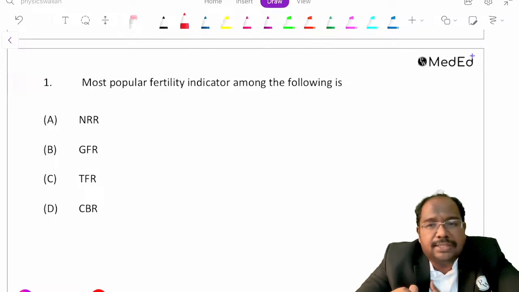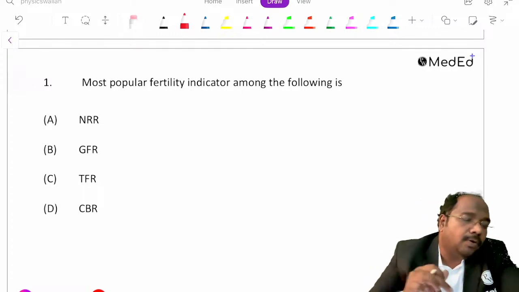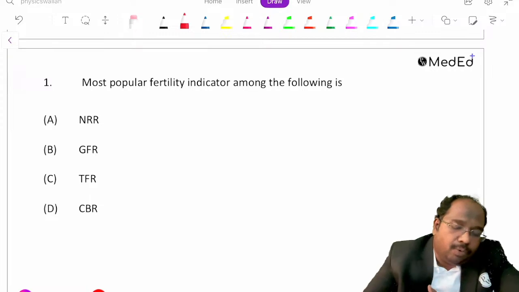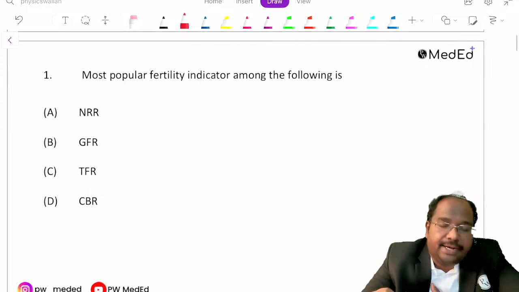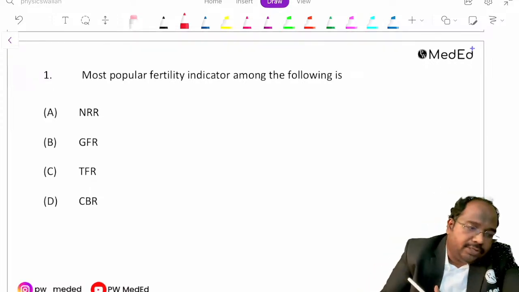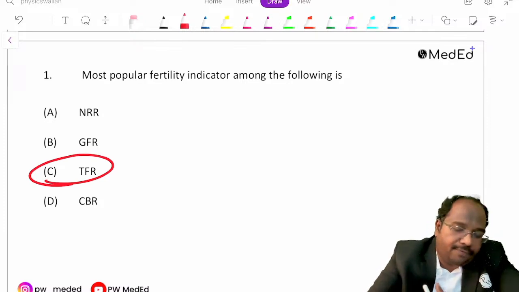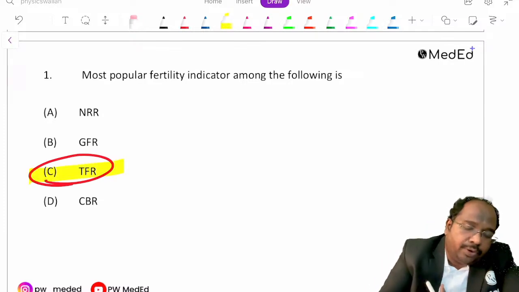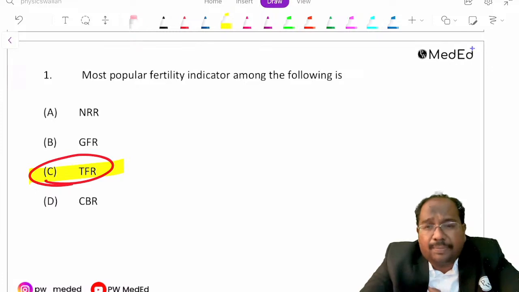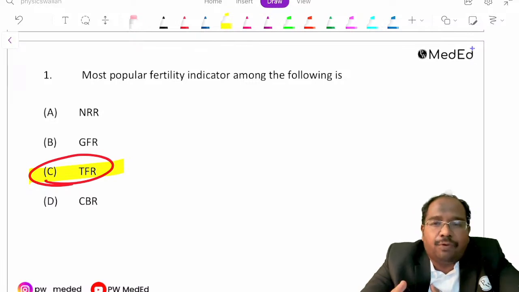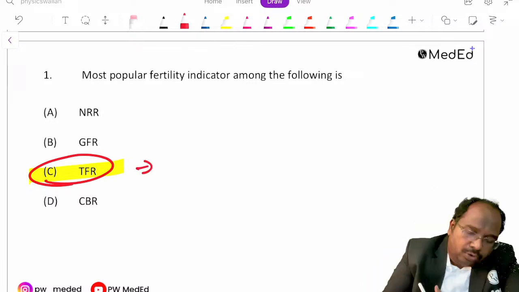The answer is TFR. So there are two important fertility indicators. Demography, in the past few years, is the most important topic. In every exam there are 4 to 5 questions. Total fertility rate.